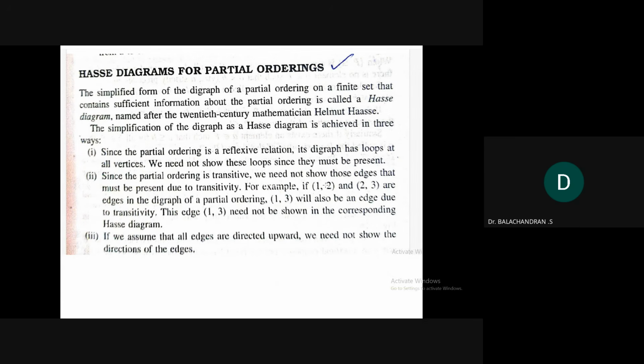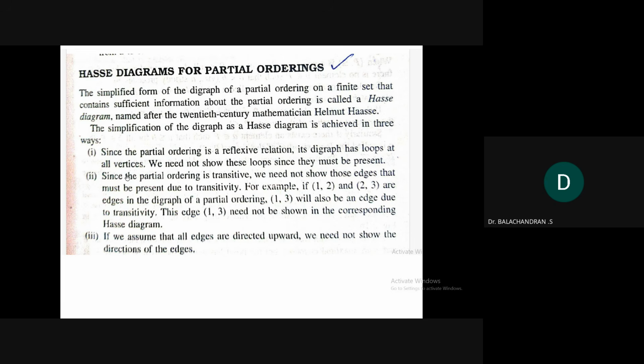Okay, next is the diagram for a partial ordering. Since partial ordering is reflexive, its diagram has loops at all vertices. Since the partial ordering is a reflexive relation, we need not show these self loops, since they must be present.